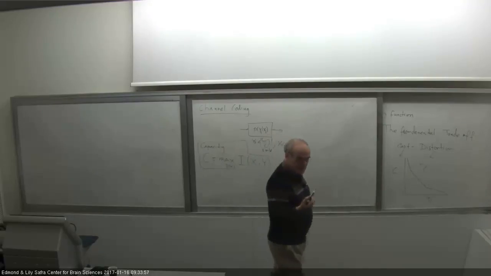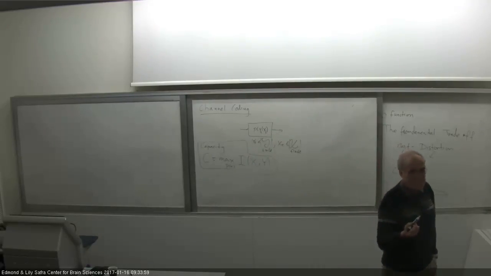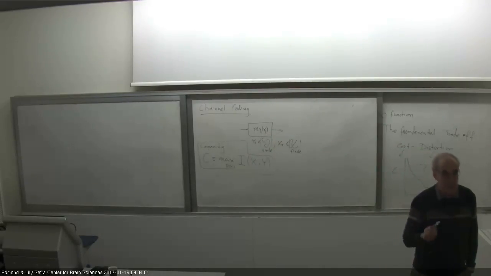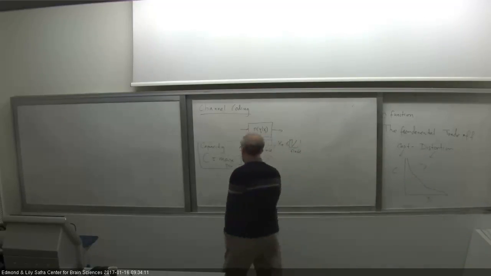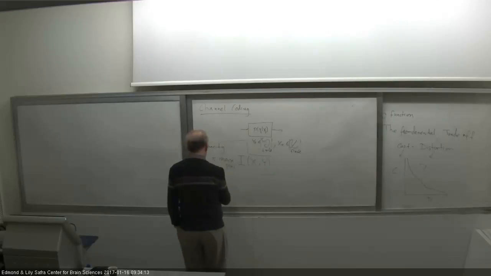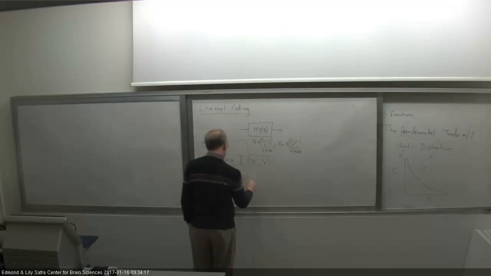There's already something deep in this definition. The only thing I really care about when I talk about communications over a noisy channel is the capacity of the channel, which is just the mutual information. And to remind you, the mutual information, what I need here, is H(Y) minus H(Y given X).